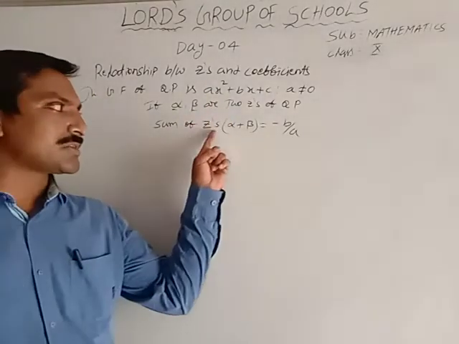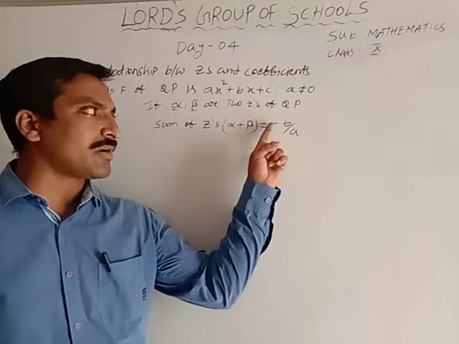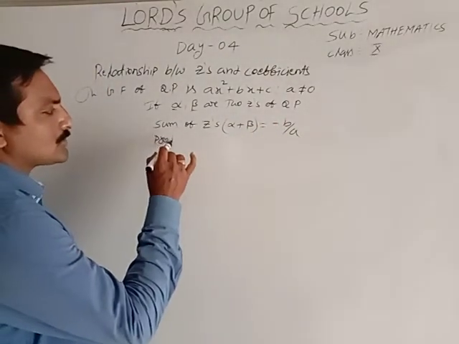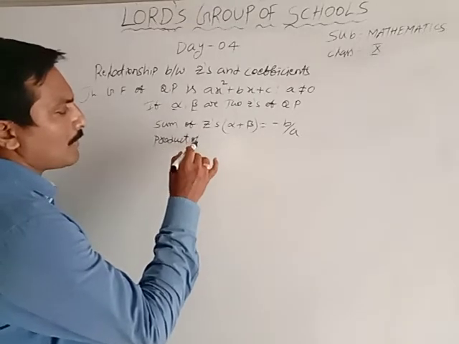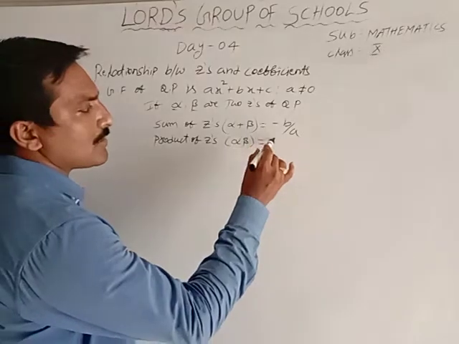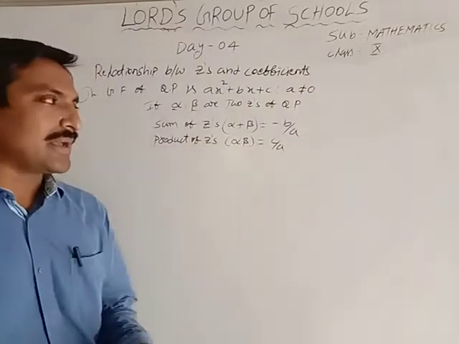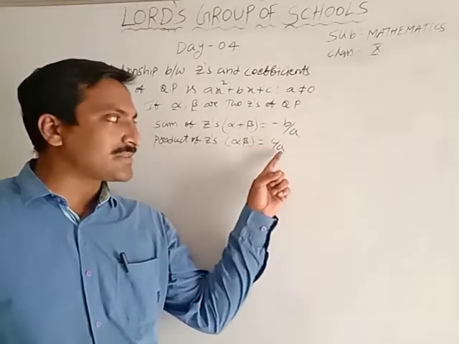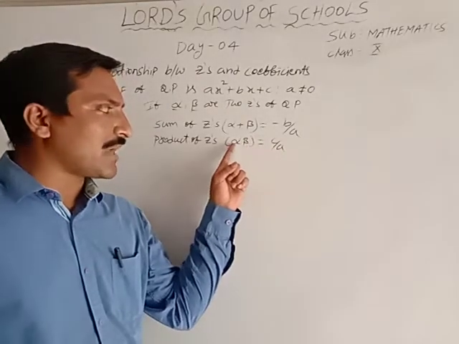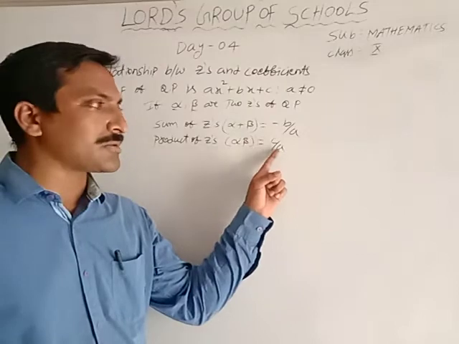Sum of zeros, alpha plus beta, is equal to minus b by a. Next, the product of zeros, alpha beta, is equal to c by a. Here c is the constant and a is the coefficient of x square. So alpha into beta is equal to c by a.